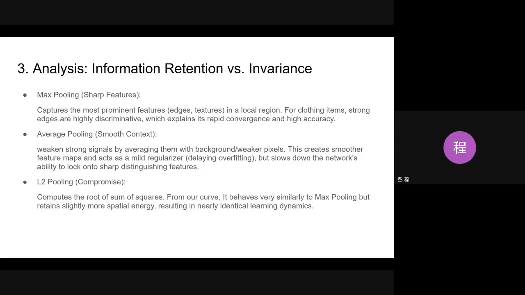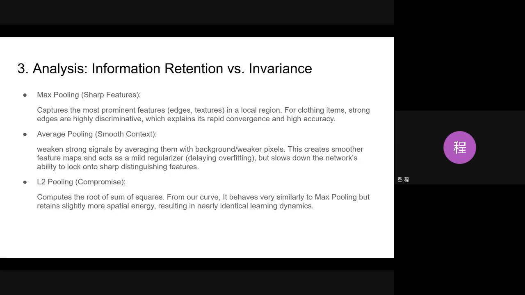And for average pooling, it has smooth context because it computes the average of each pooling window, so it will be smoother. So it explains why it converges slower.